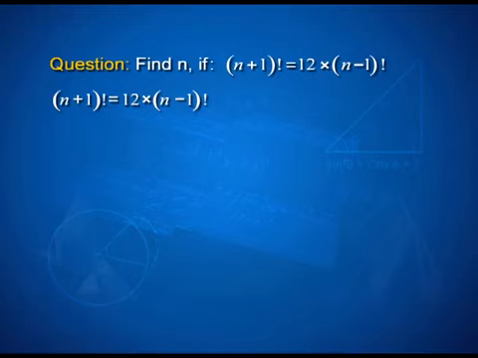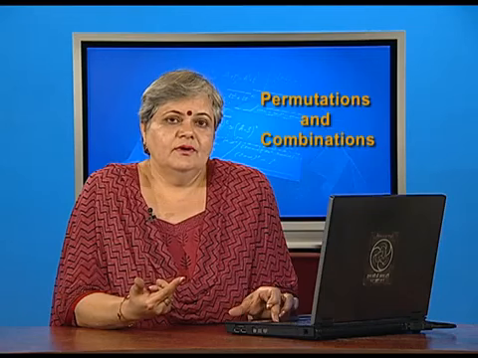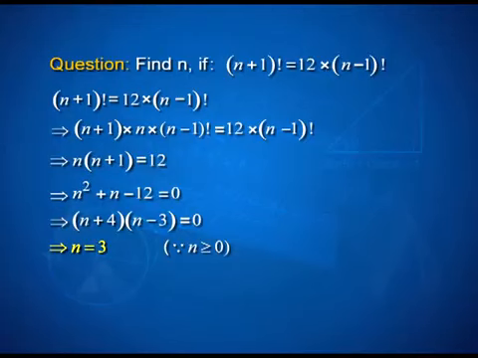Obviously, n plus 1 is more than n minus 1. So, I start with n plus 1 factorial, which can be written as n plus 1 into n into n minus 1 factorial. Obviously, then n minus 1 factorial gets cancelled and I end up with a quadratic in n. You get two values of n, but remember n was greater than or equal to 0, and therefore, the answer for this equation turns out to be 3.